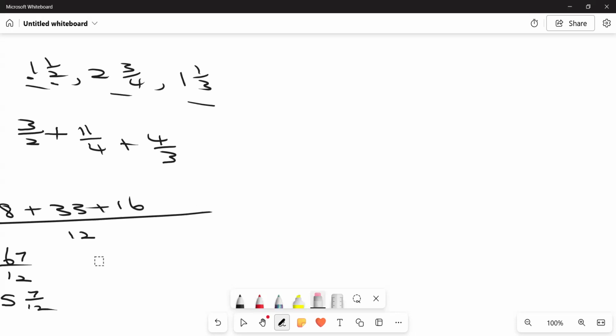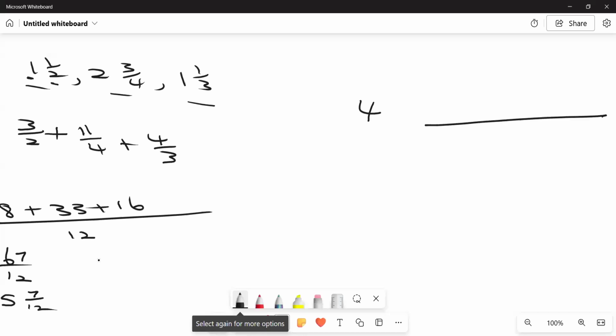What you could do, you take the whole numbers and add them up. So 1, 2, and this one is 4, right? 4. And then you add the three fractions.